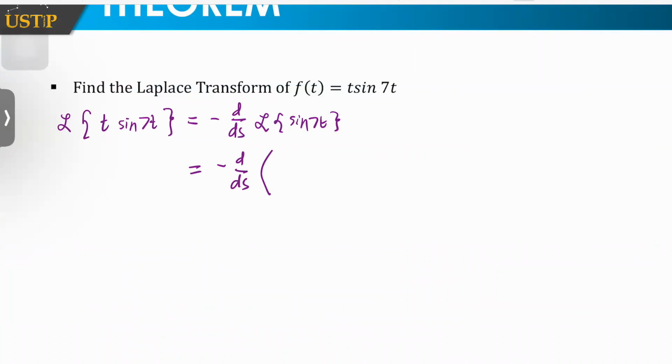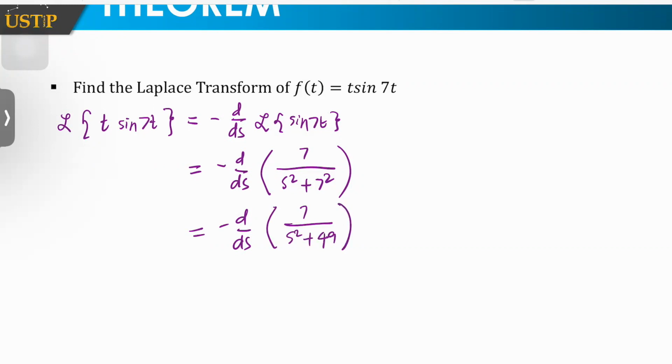You're going to be more familiar with the Laplace transform of different functions if you have solved a lot of them. Okay? So that is equal to 7 over s squared plus 7 squared. Okay, that's the Laplace transform of sine 7t. So, copy lang sa nato na class. Let's simplify first. That is s squared plus 49.